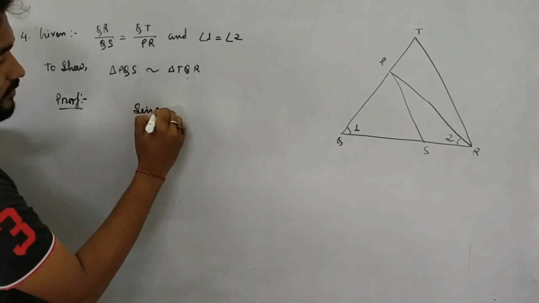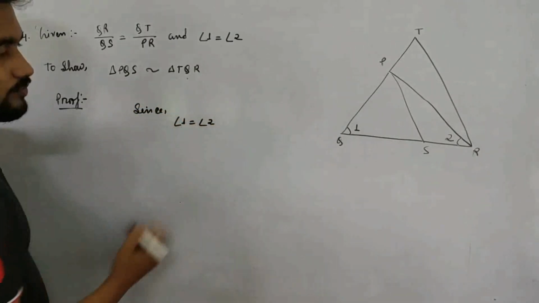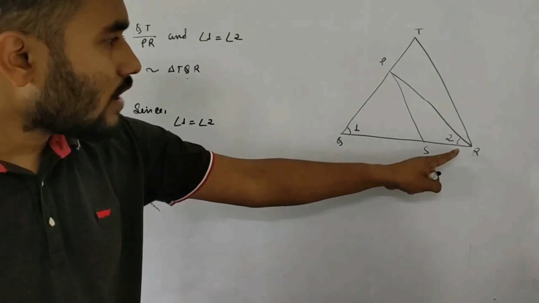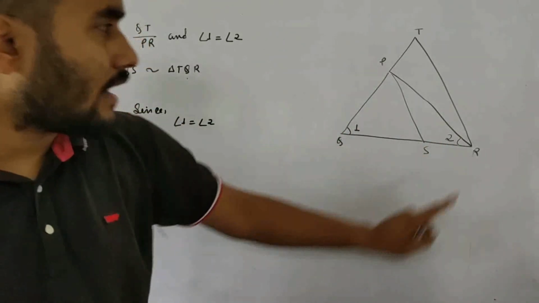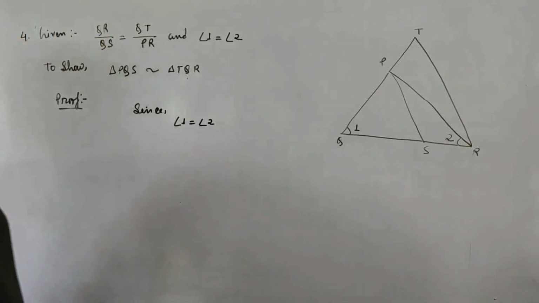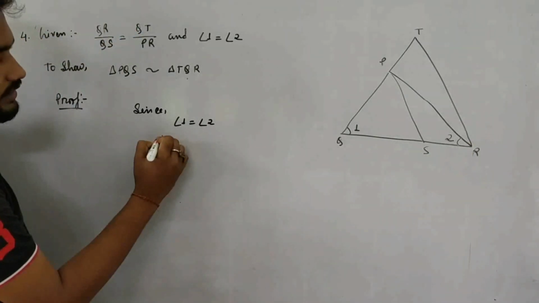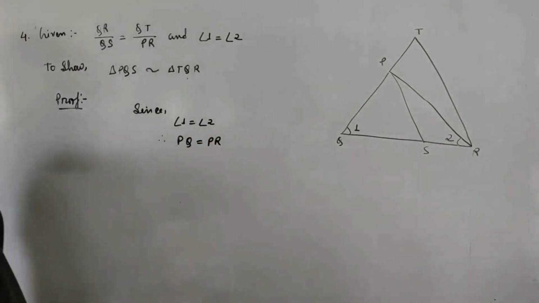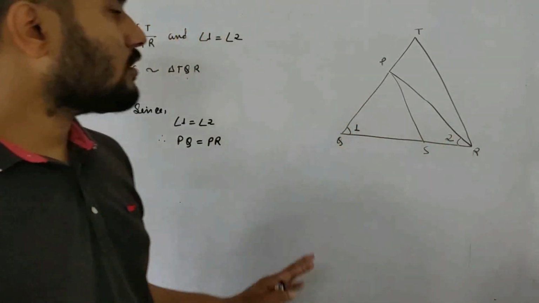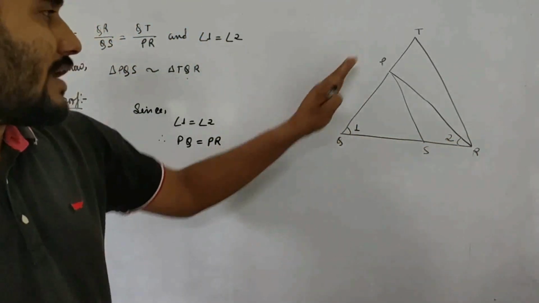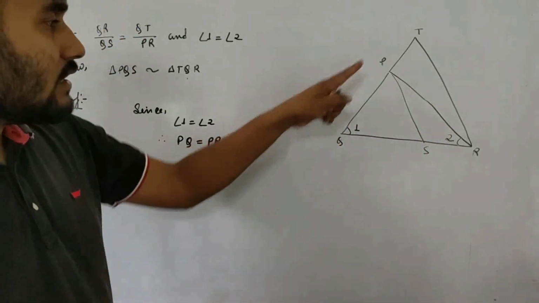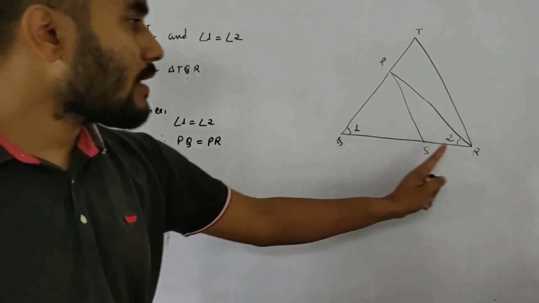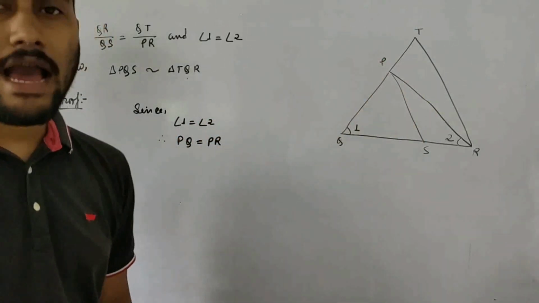Since angle 1 is equal to angle 2, this is given. Now in which triangle are these angles lying? So angle 1 and angle 2 are clearly lying in triangle PQR, isn't it? Since angle 1 is equal to angle 2, therefore PQ will be equal to PR. Since angle 1 and angle 2 are equal, this triangle is an isosceles triangle.